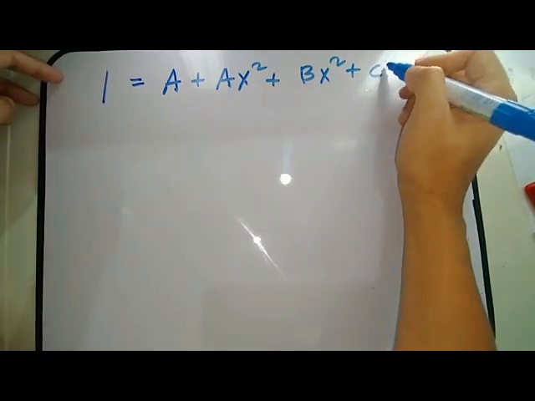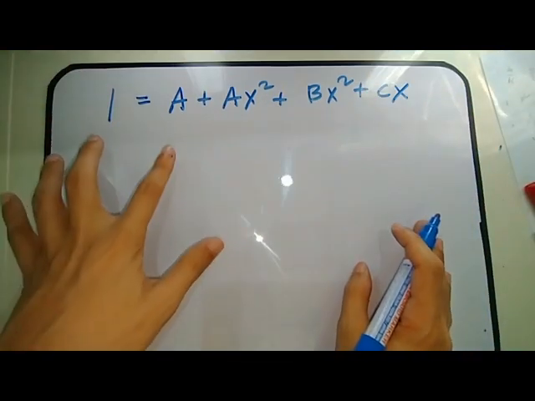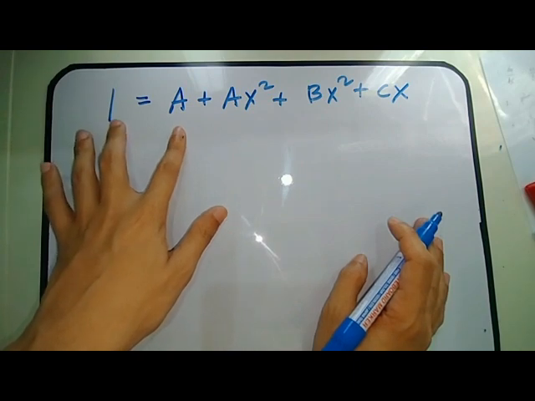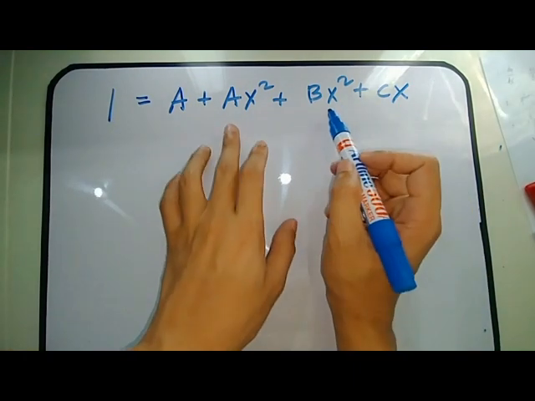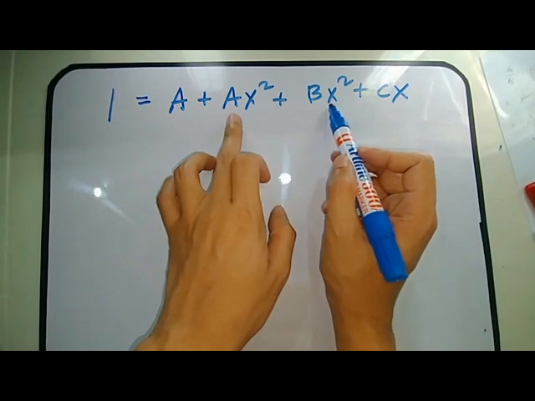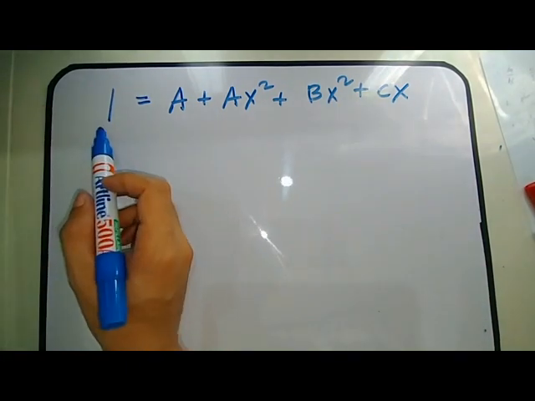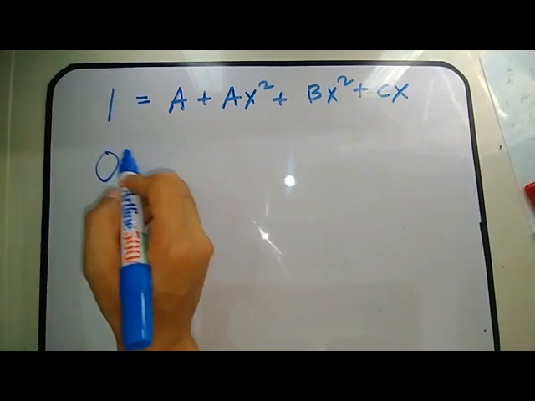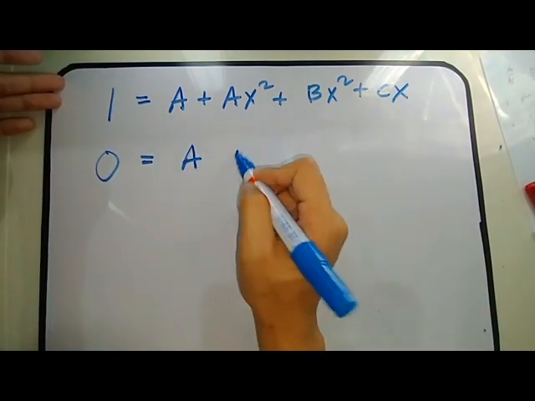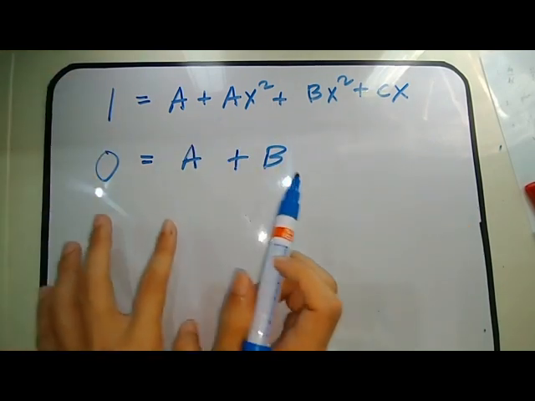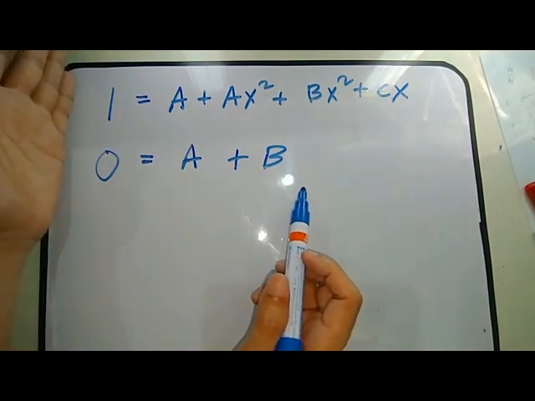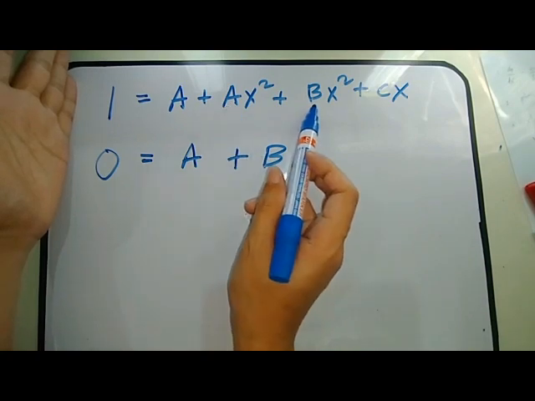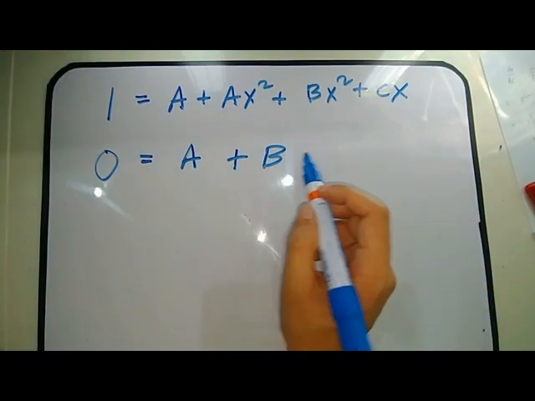Now here, we can say that yung mga coefficient natin guys is dapat equal lang sila. For example, yung x squared, sa kabila wala naman tayong x squared, therefore yung coefficient ng x squared is 0. So this is A plus B, so A plus B must be equal to 0.